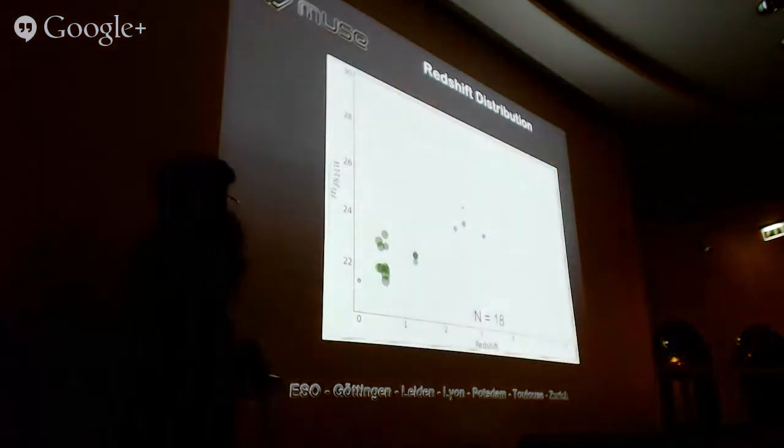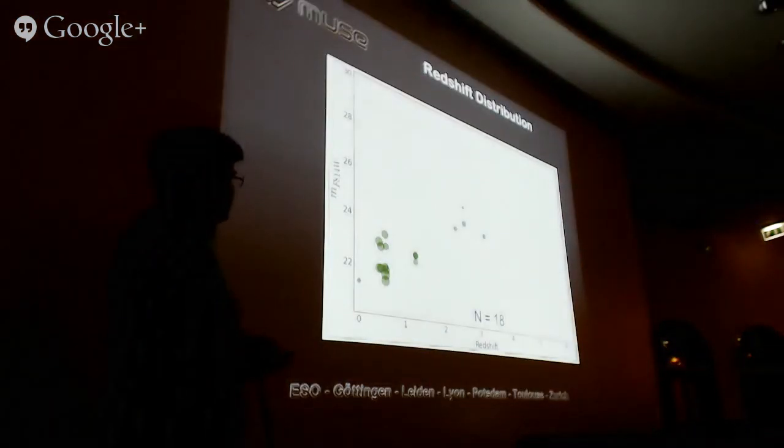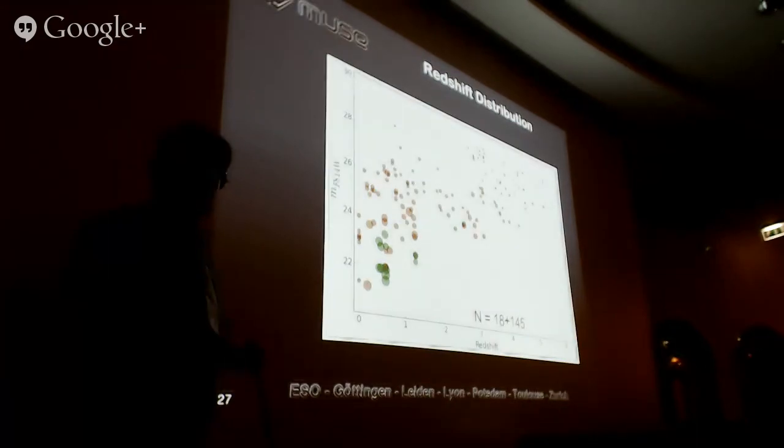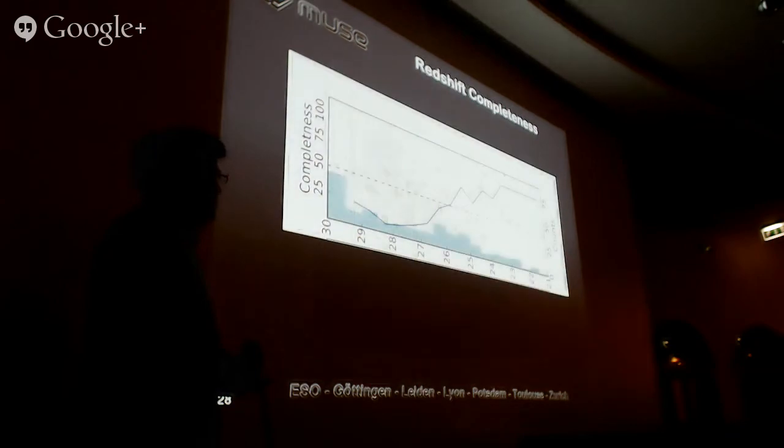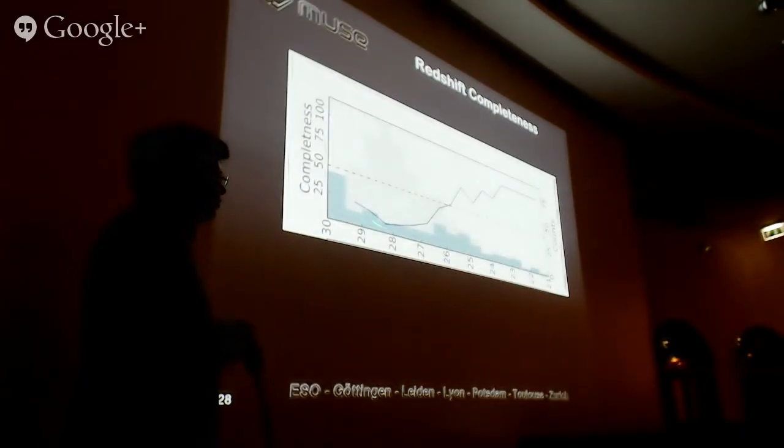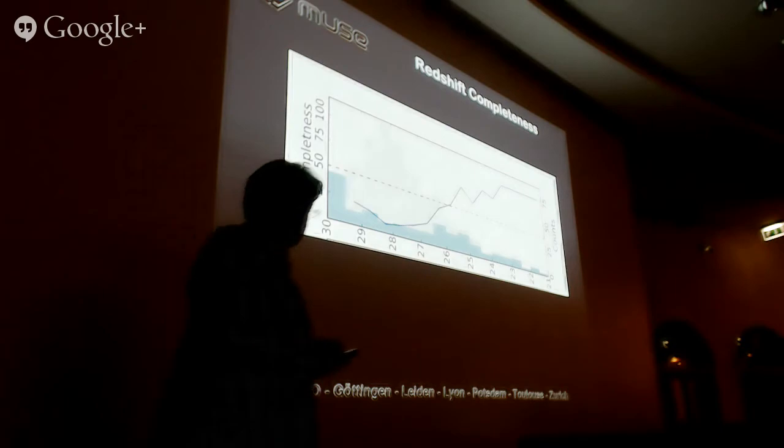So, about the redshift distribution, that's what we had previously. That's what we had from this, plus this one, which is below the HST limit. What's interesting, if you look at the numbers, is that we reach a completeness of 50% at magnitude 26.